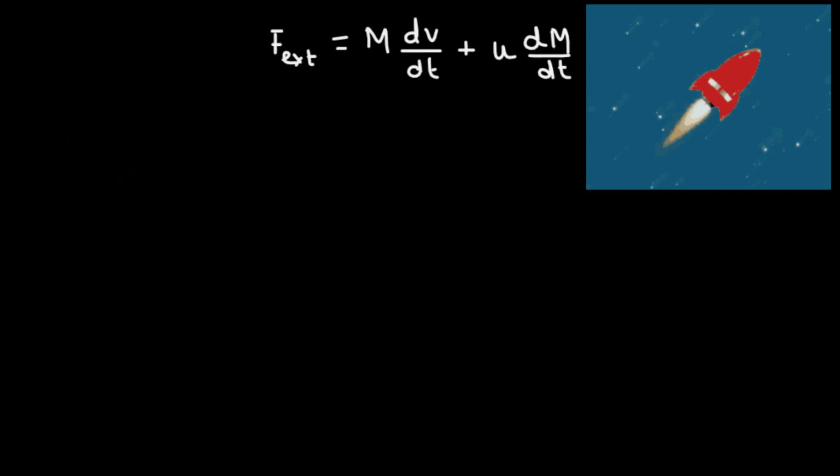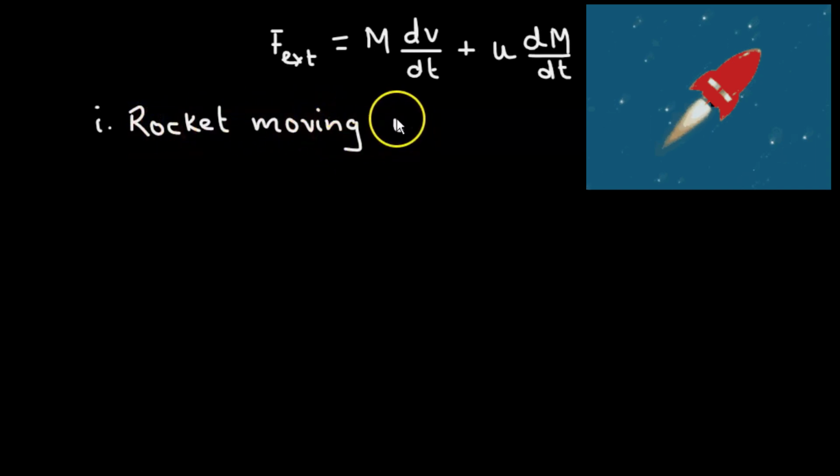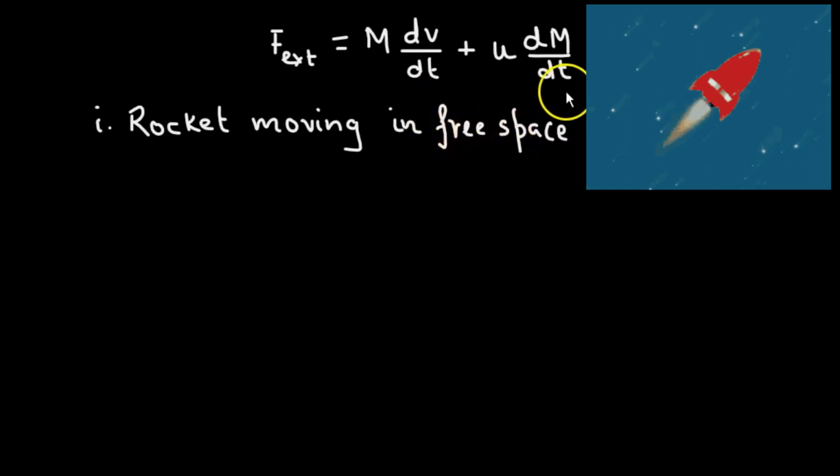Now the first scenario will be the rocket moving in free space. So that means when the rocket is moving in free space, there will be no external force exerted on the rocket.